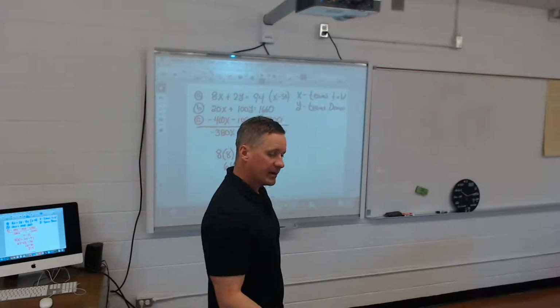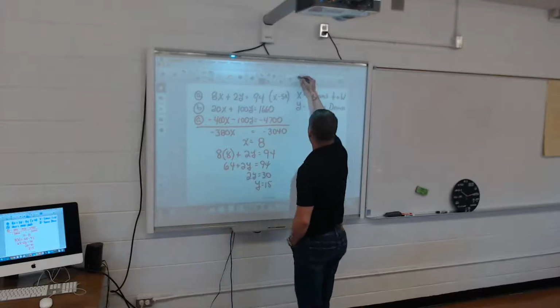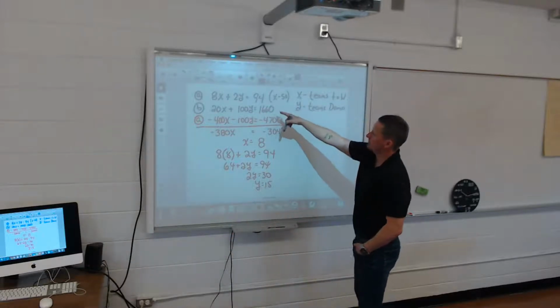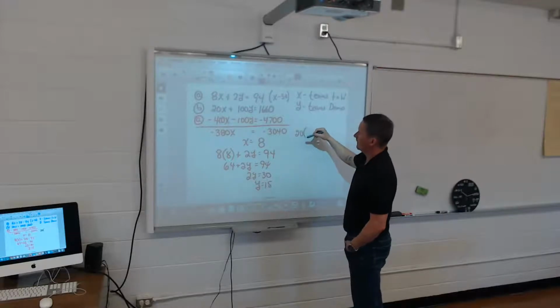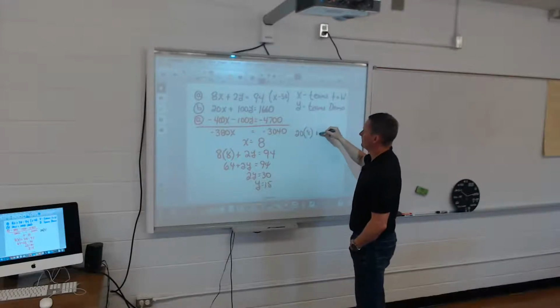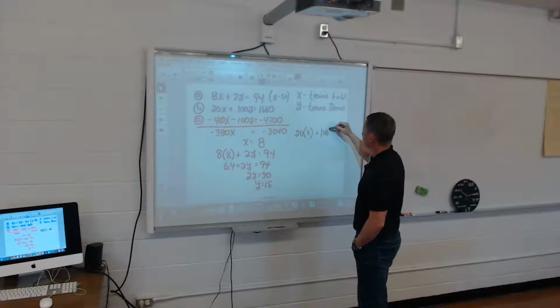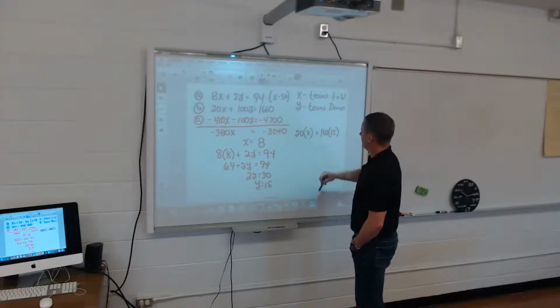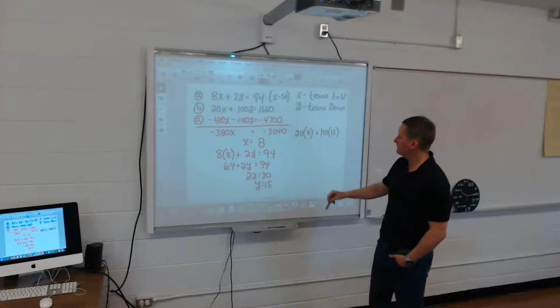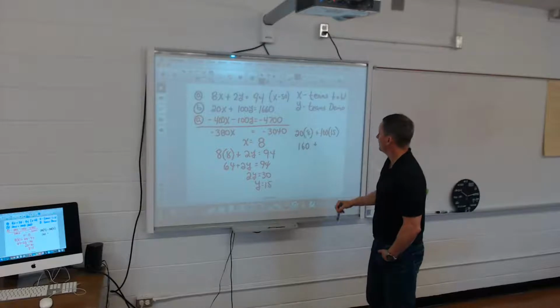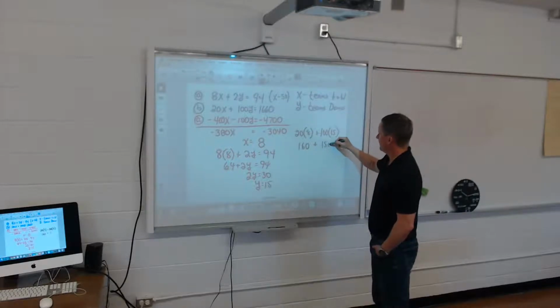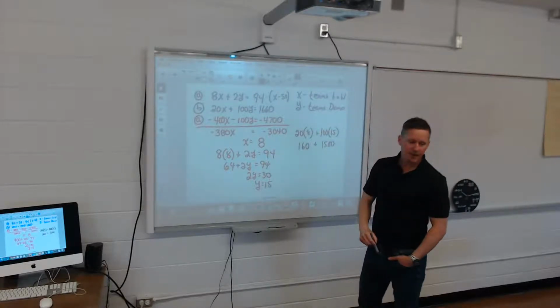And you know what? I'm going to check my solution to see if I got it right. So I'm going to take the second equation, and I'm going to times it by my values. So I'm going to take 20 times 8, and 15 times 100.